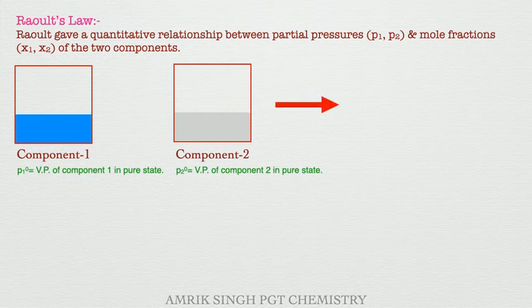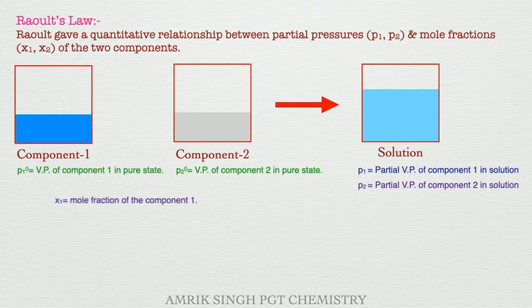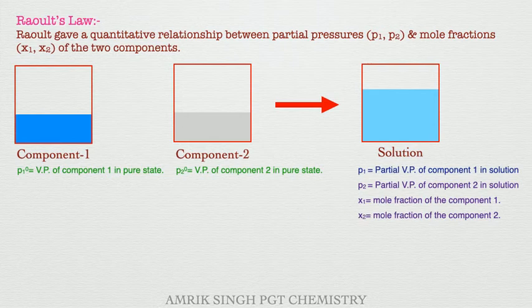I am mixing these two components and getting the solution. In solution, P1 is the partial vapor pressure of component 1, P2 the partial vapor pressure of component 2, X1 the mole fraction of component 1, X2 the mole fraction of component 2.